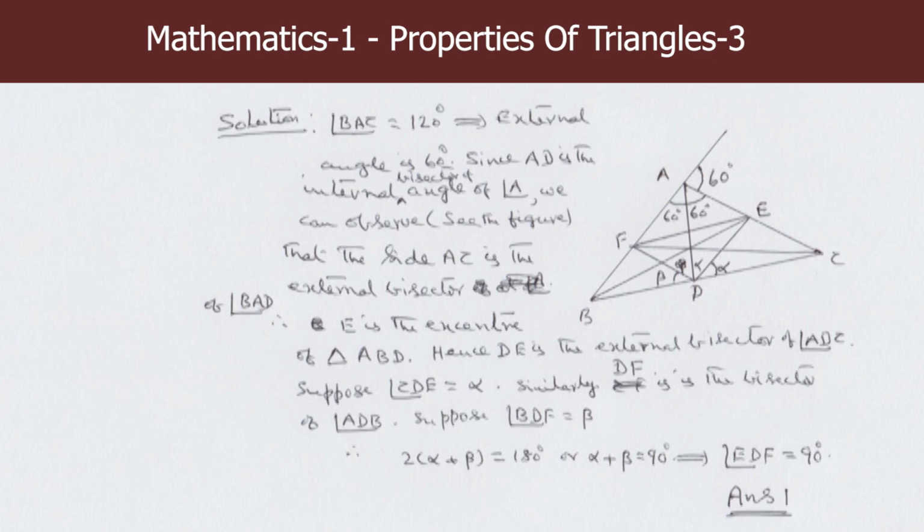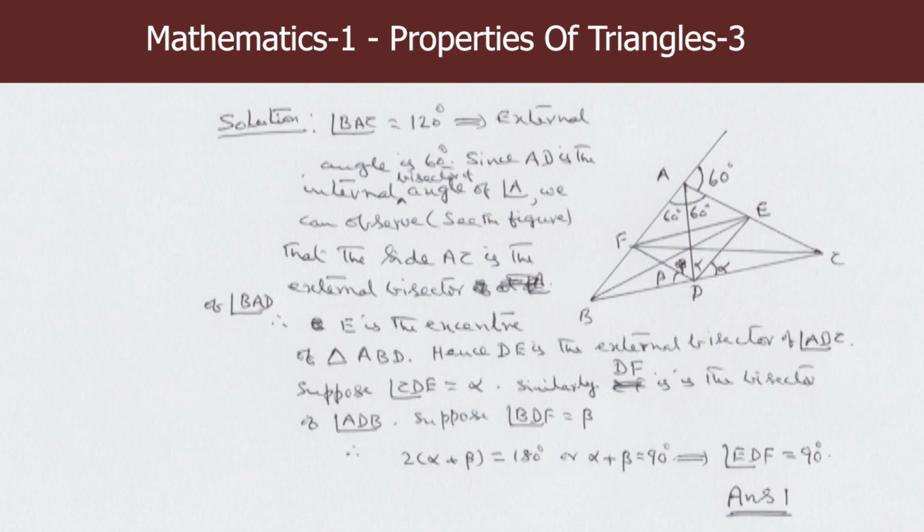Therefore, E is the excenter of triangle ABD opposite the vertex B. Similarly, you can get F is the excenter opposite the vertex ACD. Hence DE is the external bisector of the angle ABC.